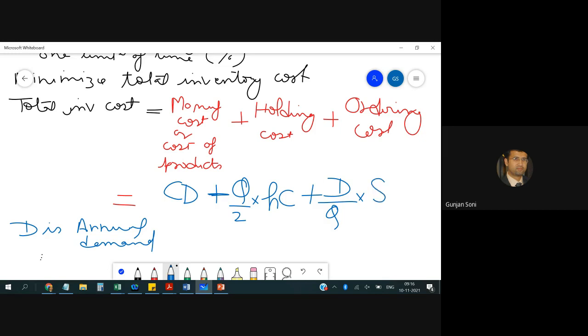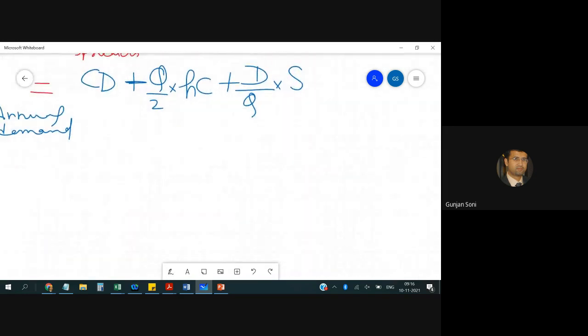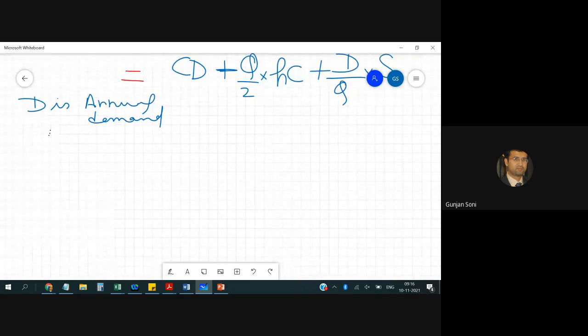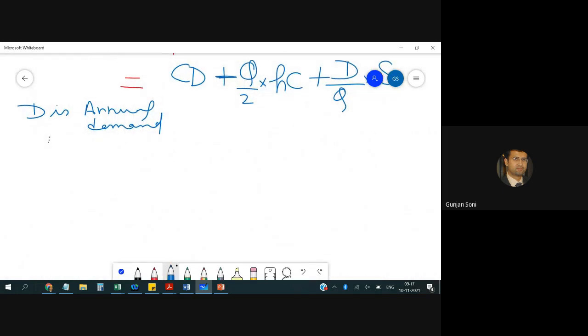So you can see here we have an expression at our hand where we are saying that your total inventory cost, annual cost, is given by CD plus QHC by 2 plus DS by Q. Now, if I have to minimize it, what can I do?